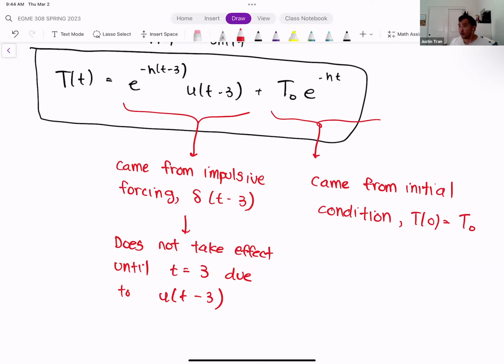If you compare it to our first term here, there's no step function. There's no u of t minus something, right? Because if you think about it, the initial condition is there from the very beginning of the problem.